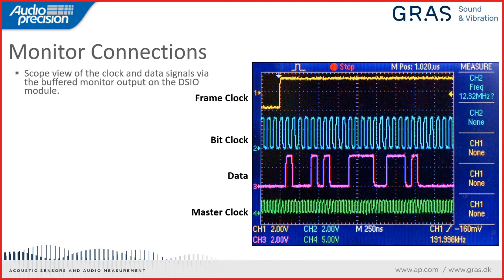When I'm setting up a serial data interface, I find the monitor ports of the DSIO extremely useful, because essentially what I'll do is I'll connect the monitors to an oscilloscope, and I'll look at what's actually transiting over the wire. I'll compare that to the timing diagram that the APX renders and the timing diagram in the data sheet that the device I'm testing provides.